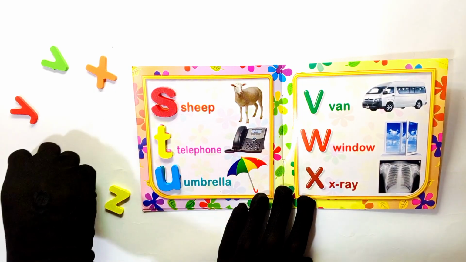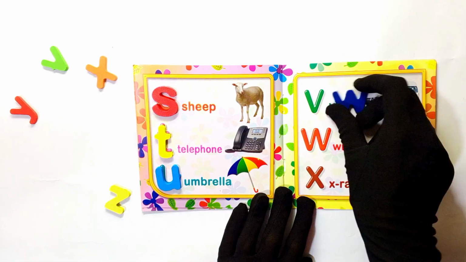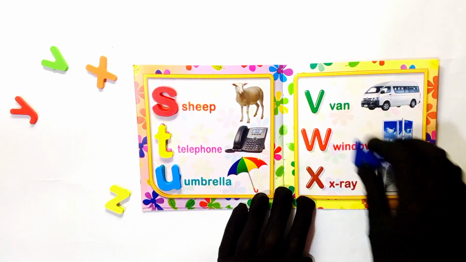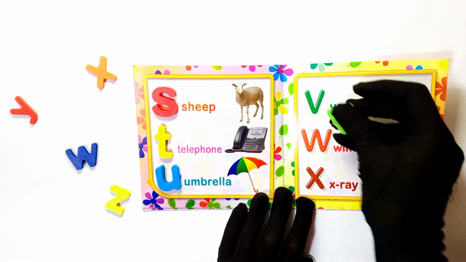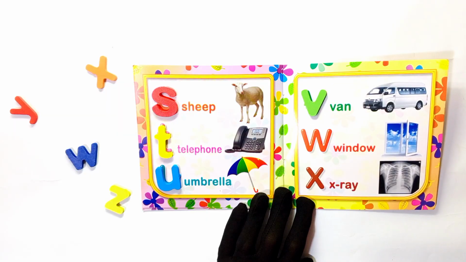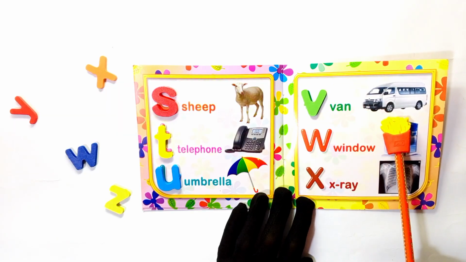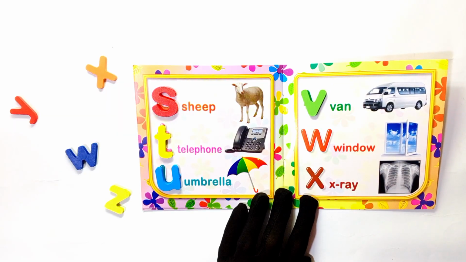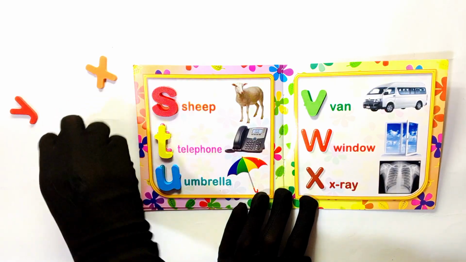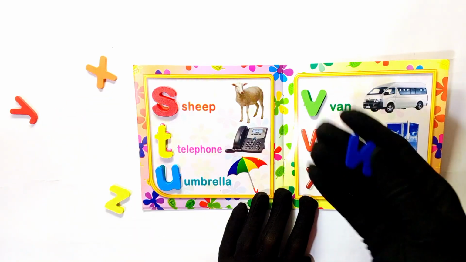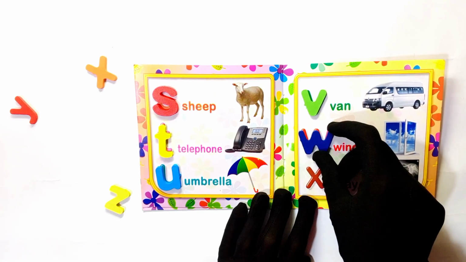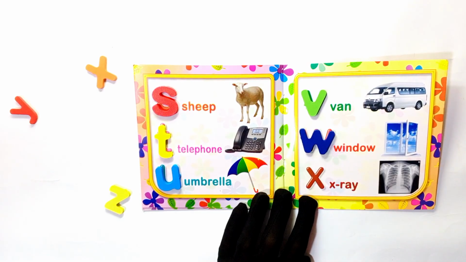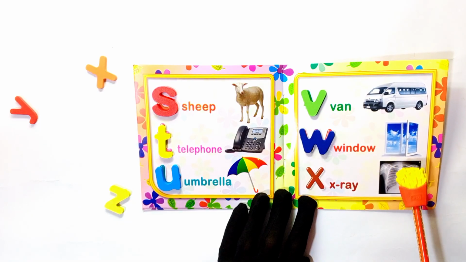V. Let's find V. Is this V? No. V. V is for van. Next is W. W. Yes. W is for window.